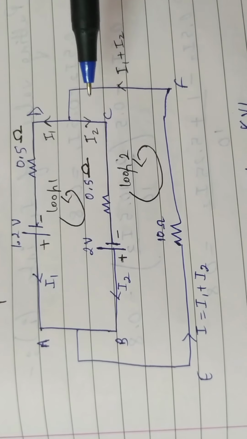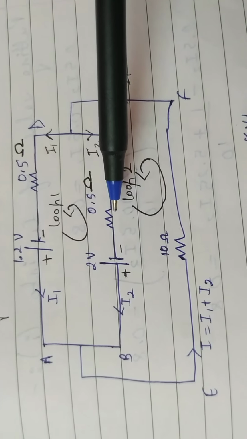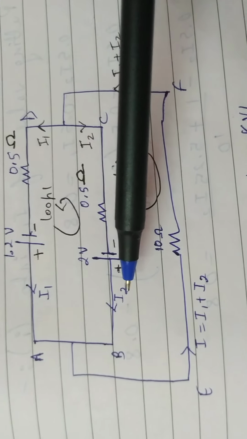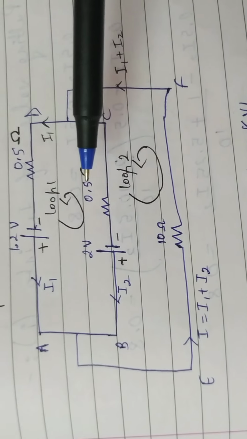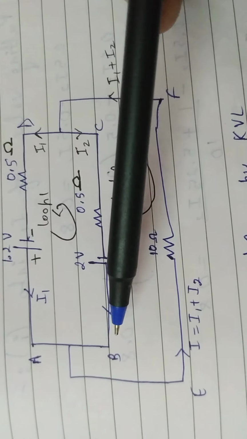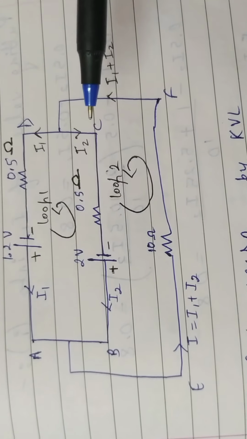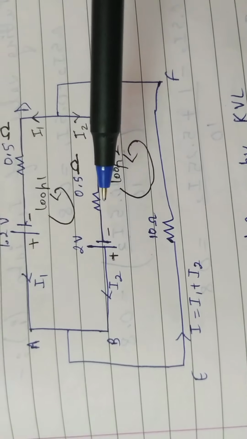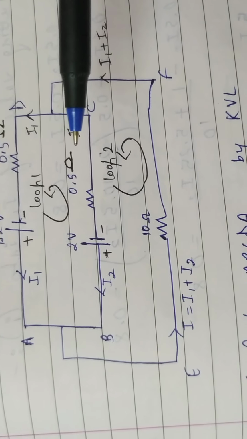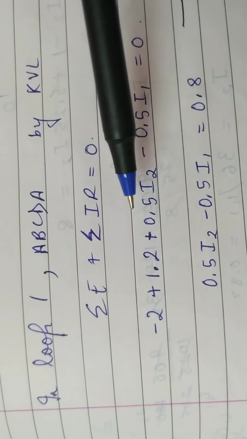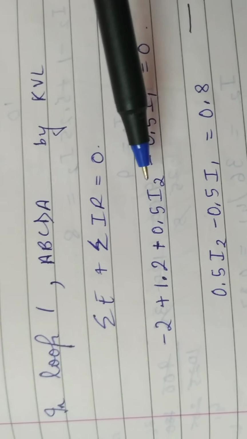Between B and C, a resistance of 0.5 ohm is there and current is I2, so the drop is 0.5 into I2. We are traveling from B to C, whereas current is flowing from C to B, so we are traversing in the opposite direction of current, so the drop is positive. So here it is written 0.5 I2.